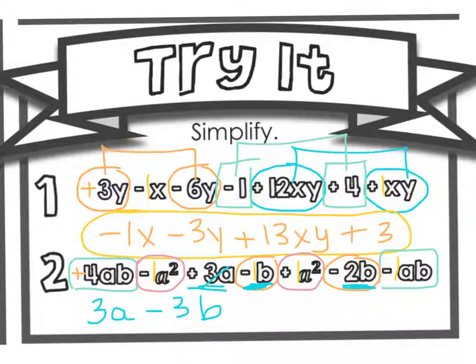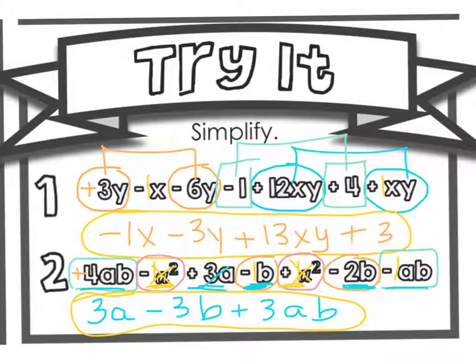This is interesting. A minus 1 and a plus 1, those would cancel out, so that wouldn't even be in our answer. And we have plus 4ab minus 1ab, so this is plus 3ab. This would be our final answer. Combine like terms. We can't do anything else to simplify this.